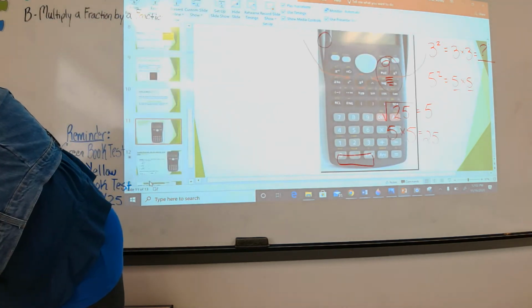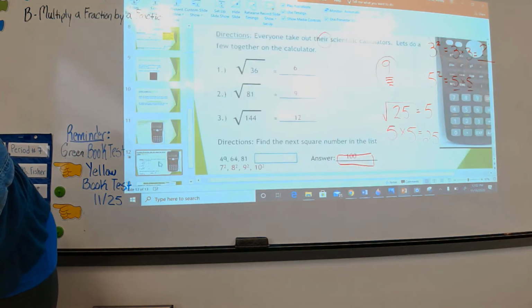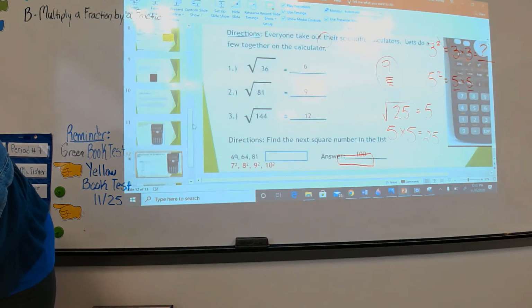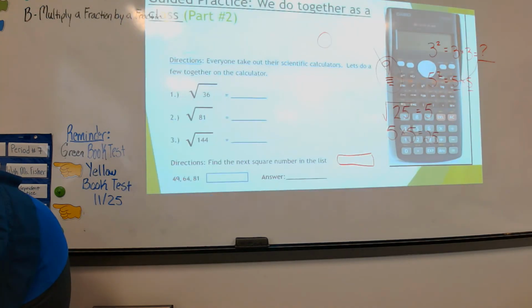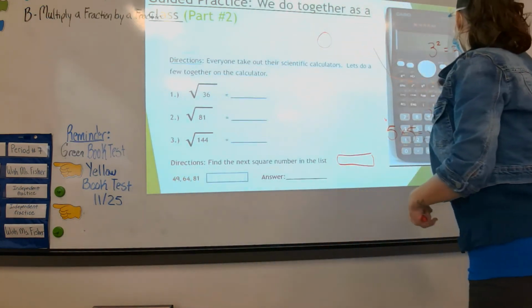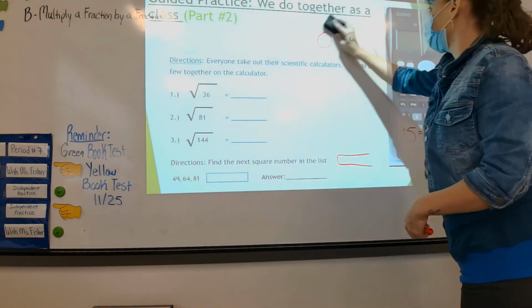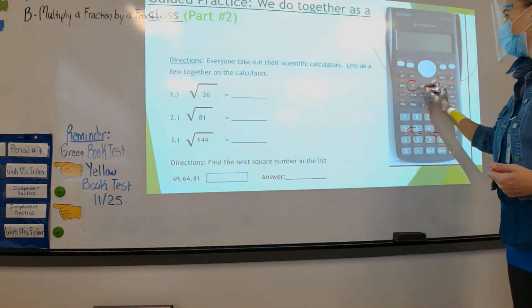Okay? I don't have that part of the calculator that shows you the square on it. So hold up one second here. The square root is this right here. This is your radical sign.